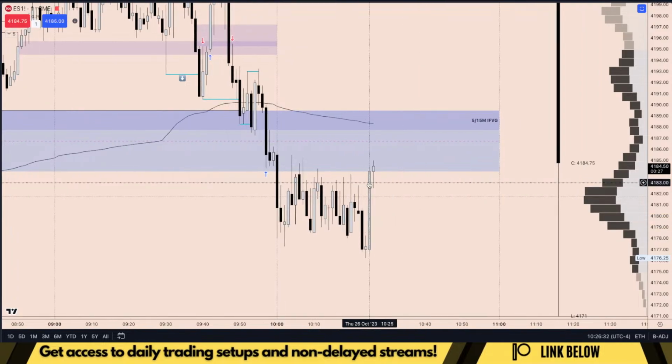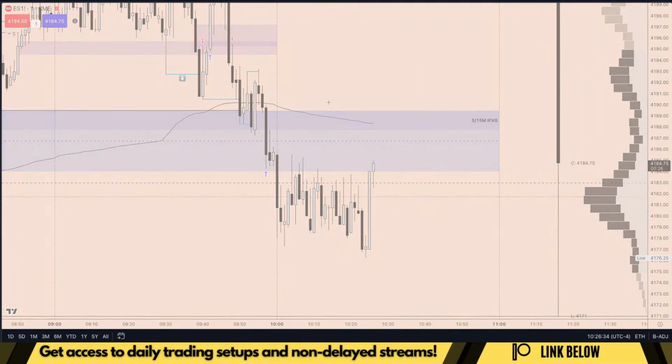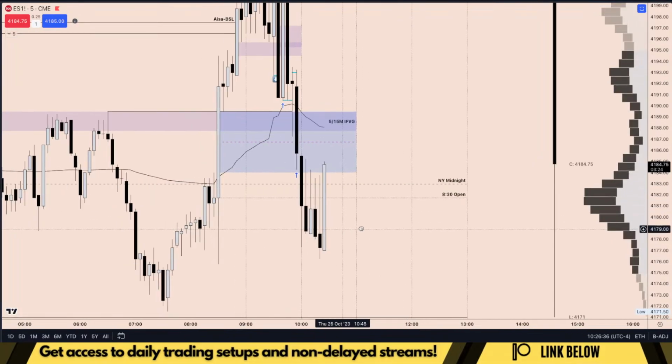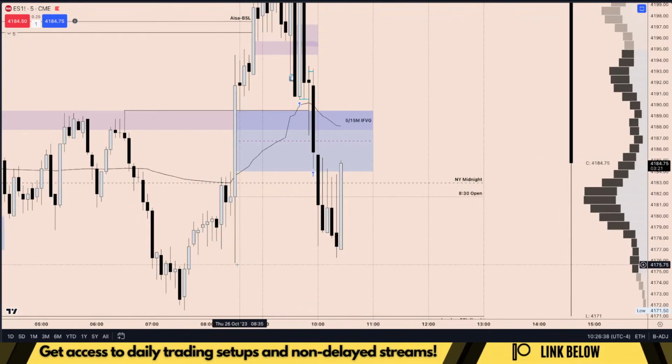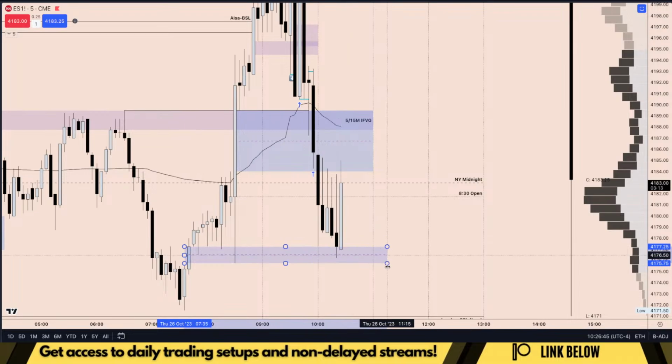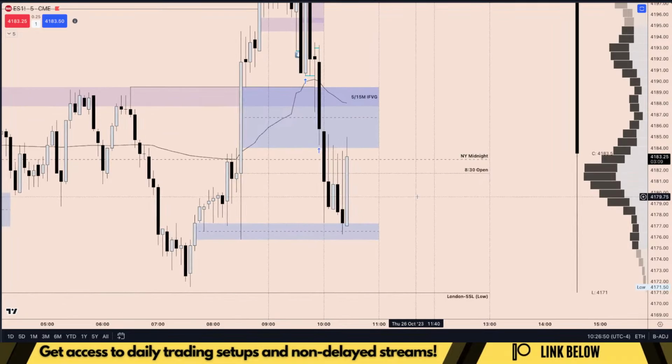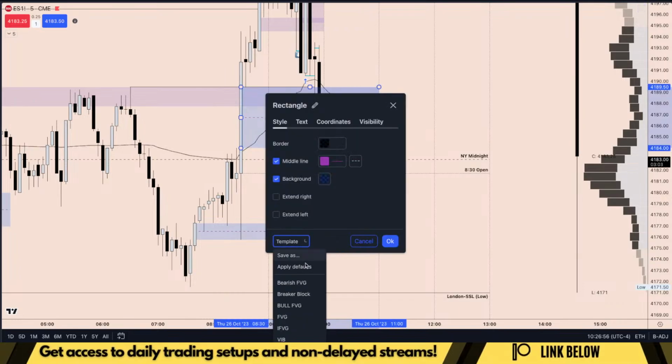But now at least at 10:25, so that should be a new 5-minute candle. So with the new 5-minute candle, we failed to go below the 830 low. So this bullish fair value gap right here is still being respected. Now we're stuck between PD arrays, inversion here on the 5, the 830.